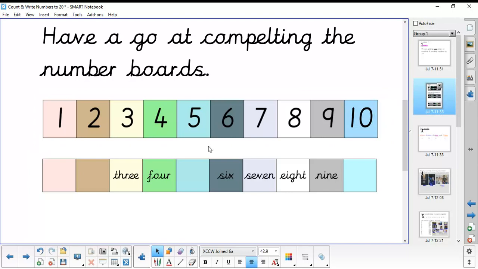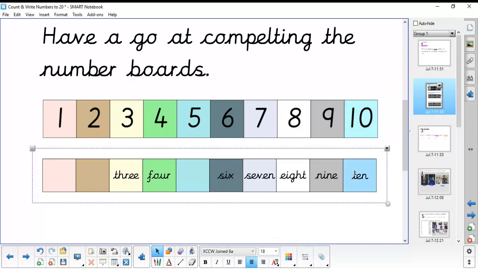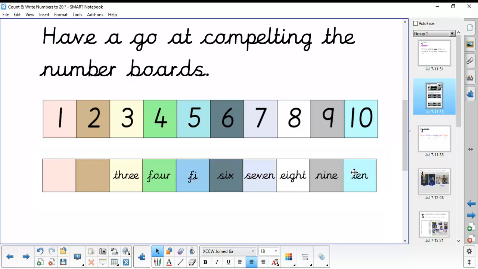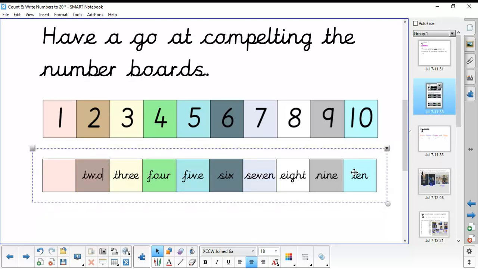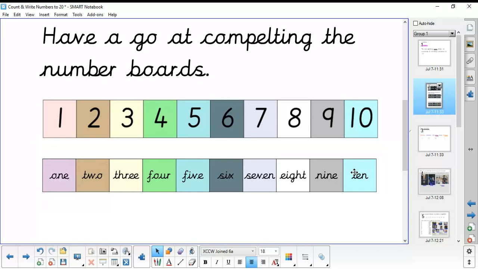If we're going to write them, I'm going to start at 10 this time and work backwards. So we have 10, 9, 8, 7, 6, 5, 4, 3, 2, and 1.